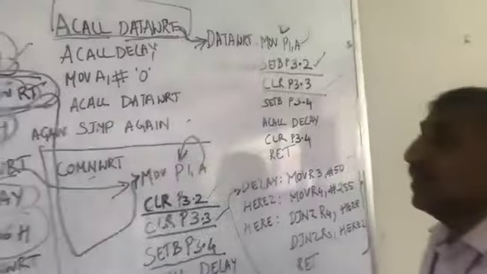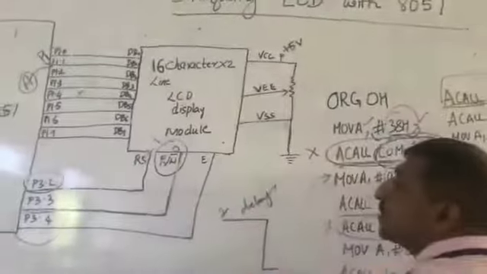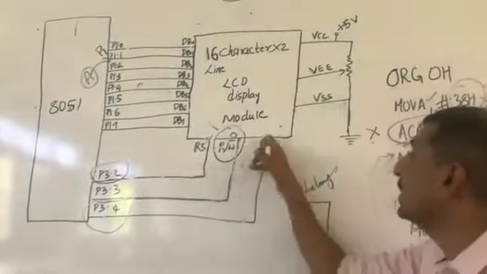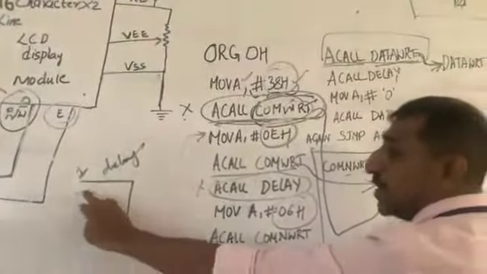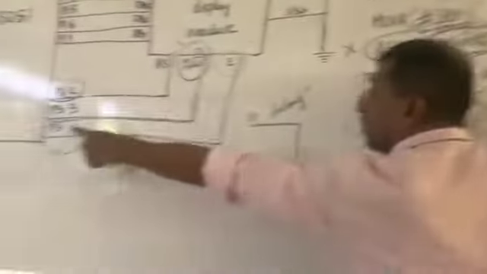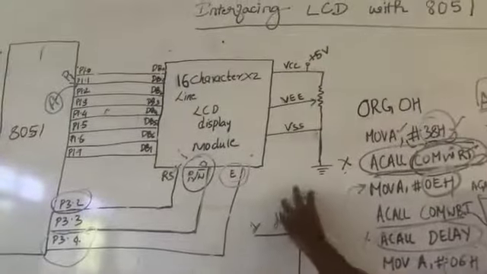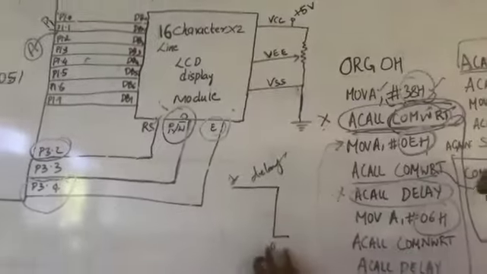Therefore, P3.3 again we are making it clear. And again for that data to come to the LCD display, we need to enable this particular LCD signal, and again the same procedure. We'll put 1 into P3.4, call a delay, and again we'll put 0. That we have done here.